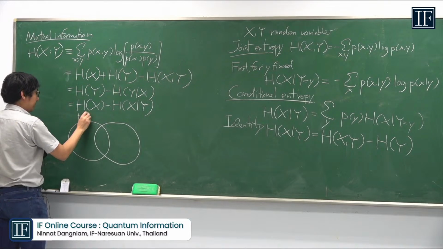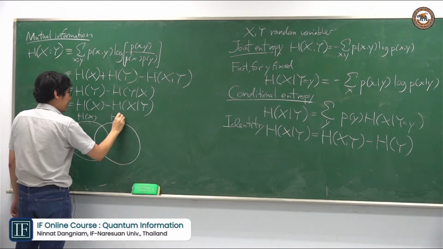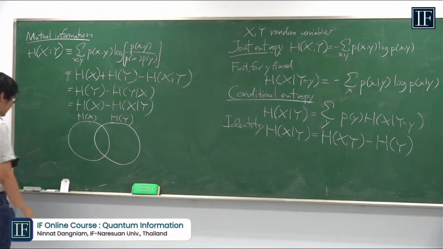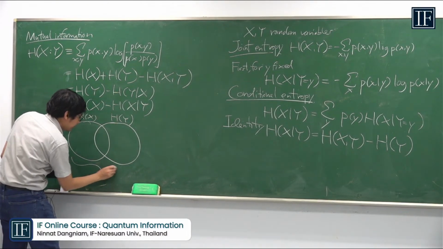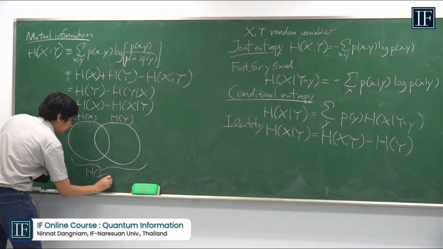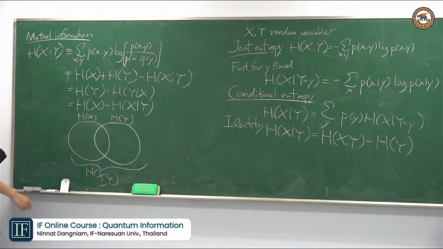And say these are the entropies of X and Y. Right. And then this whole thing is the joint entropy.